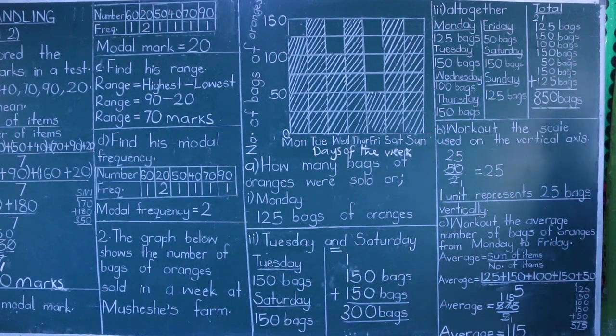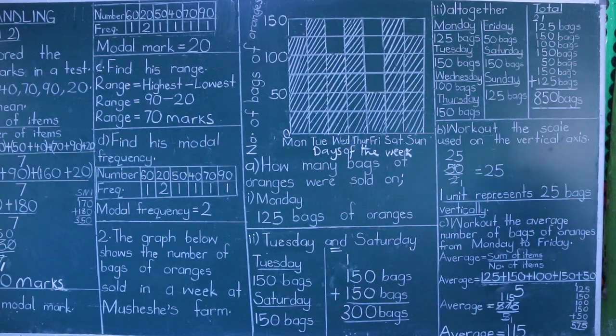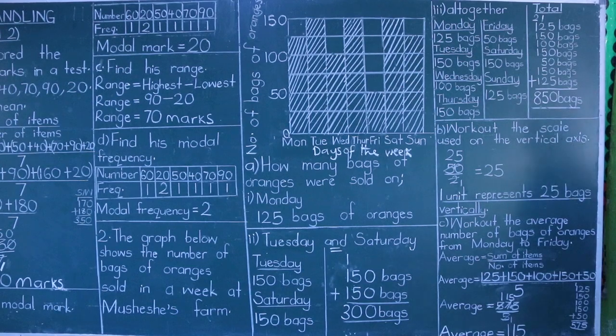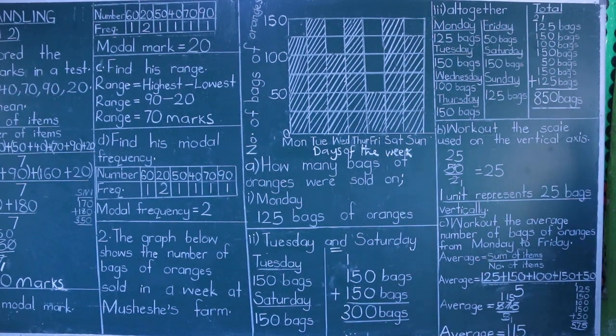So a total of 850 bags of oranges were sold for the 7 days of Monday, Tuesday, Wednesday, Thursday, Friday, Saturday, and Sunday all together. So that is how we deal with that word all together. You add all the concerned parties and get the answer.